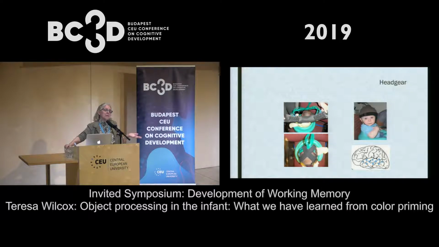If you look at adult fMRI data, you would predict that you would get more activation to human than mechanical entities in the right hemisphere, especially in the superior temporal cortex, superior temporal sulcus, superior temporal gyrus, and more activation in the left hemisphere to mechanical objects, in the medial temporal sulcus gyrus area.